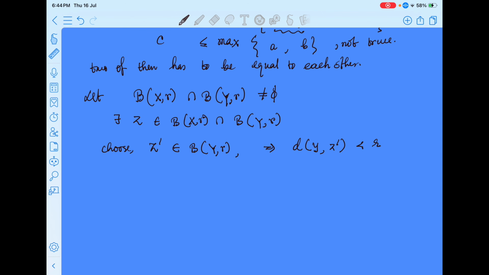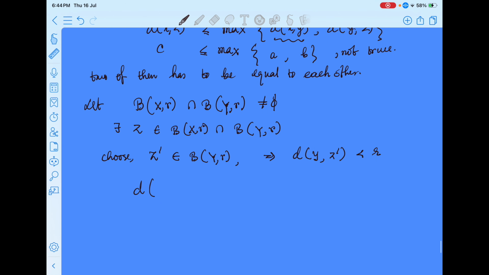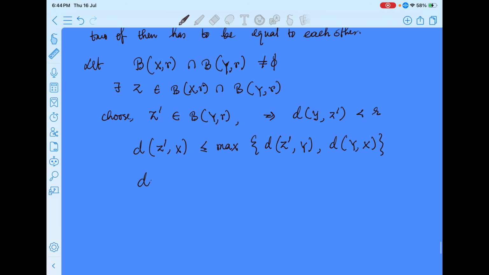Okay, right? So now what is d of z prime comma x, which is less than or equal to maximum of d of z prime comma y, d of y comma x. Okay, now d of x comma y, so till now we didn't use the fact z is inside that, so now we are using it.